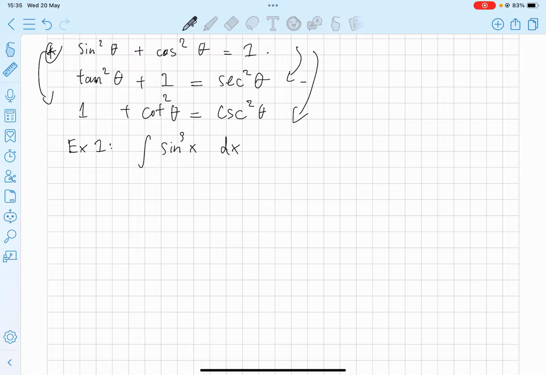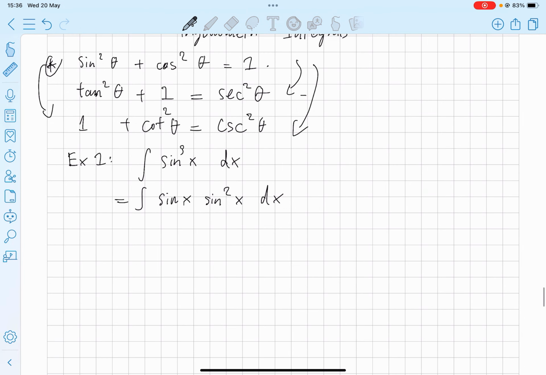For this one, you have a really big power, which is 3, so you have to break it down to something simpler. In this case you will rewrite this integral as sine x multiplied by sine squared x dx, and you remember this equation, you will apply it here. Sine squared of x equals 1 minus cosine squared of x.